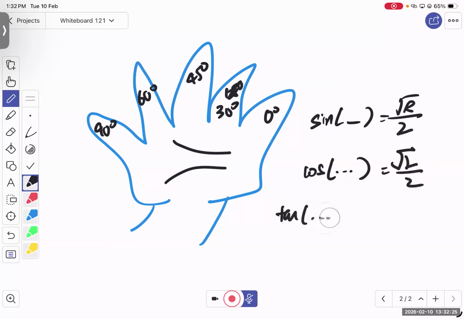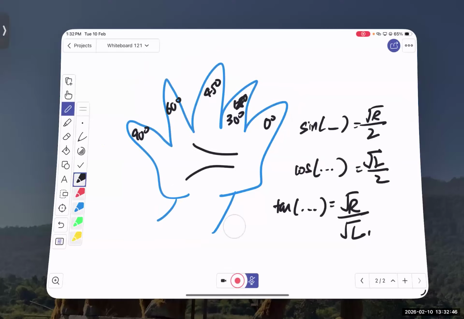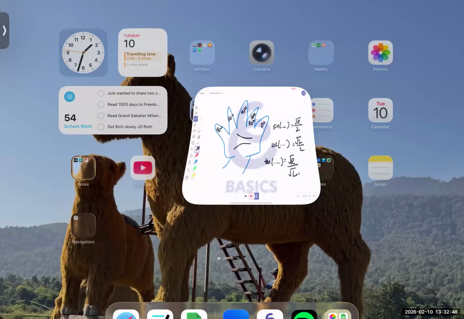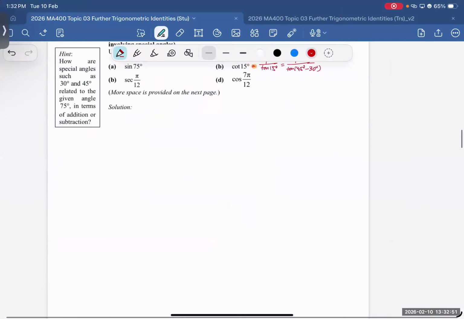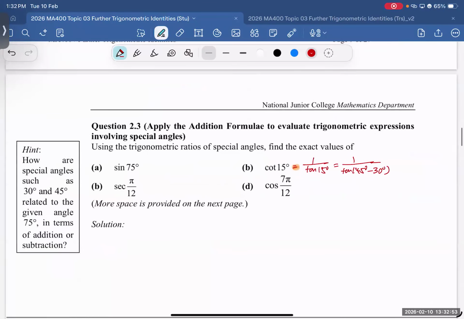Tangent is sine over cosine, so it's square root of right over square root of left. You can just Google trigo ratio of special angles, fingers, and it will come out. Doesn't matter.